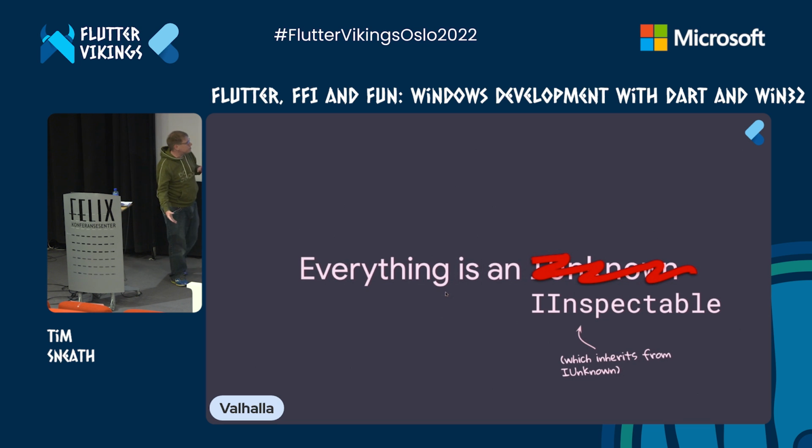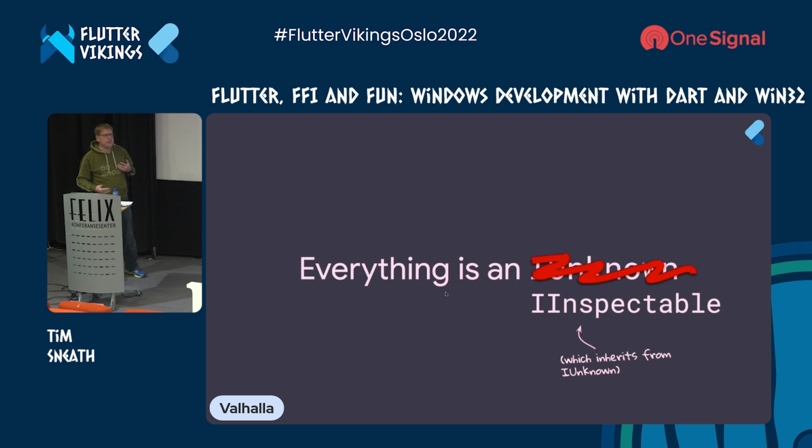Every object also supports this second interface called IInspectable, which basically lets you get information about those objects. So now you've got something that you can use to build these more sophisticated things, which suddenly makes Win32 need to do a whole bunch of extra work, because now Win32 has to be able to model properties and callbacks and generics and overloads and async and events and things like that.